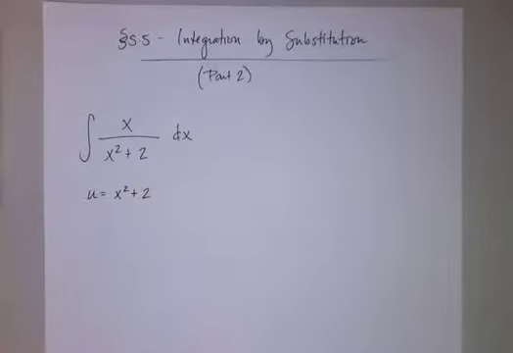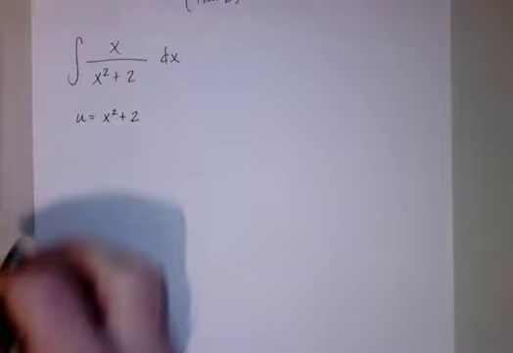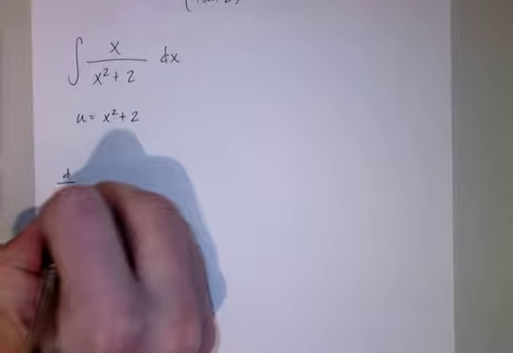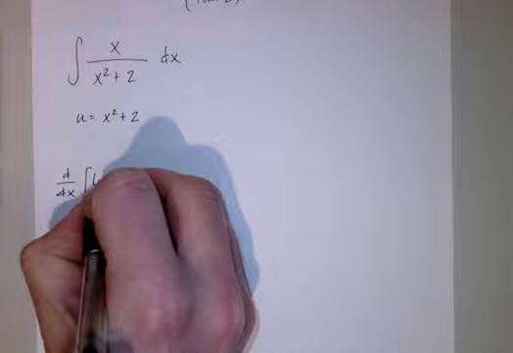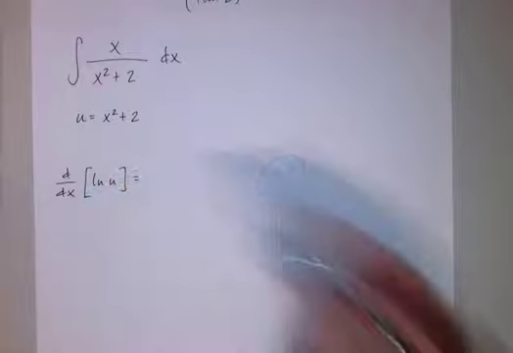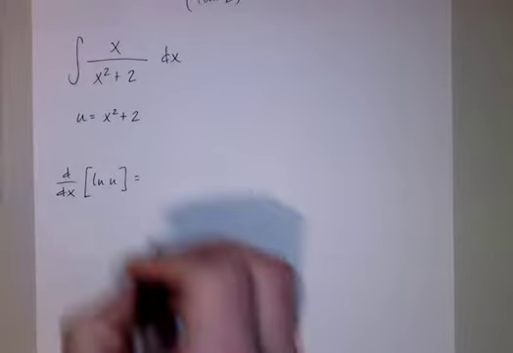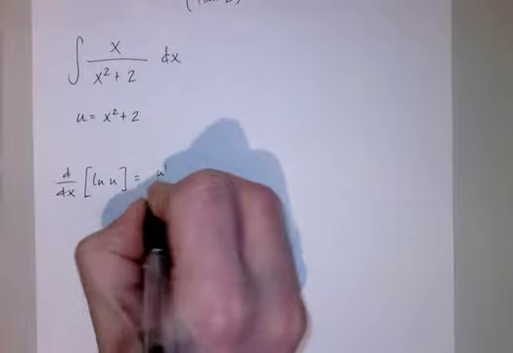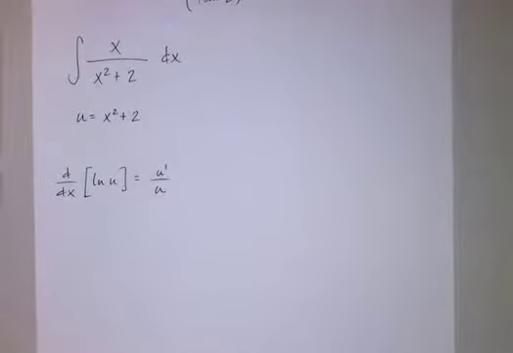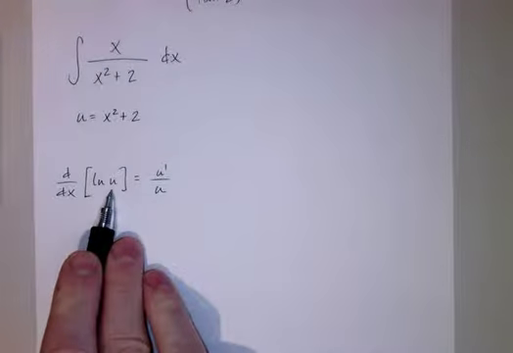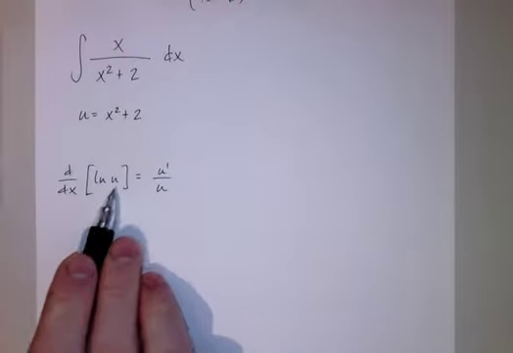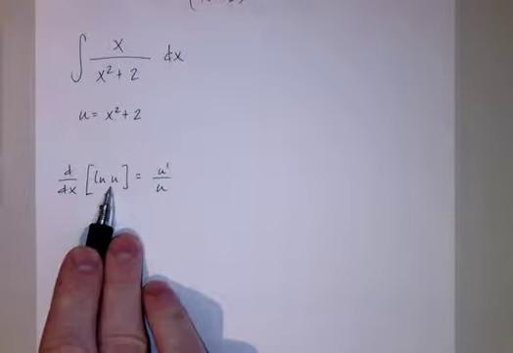Because remember that when I'm dealing with undoing derivatives, if I have the derivative of natural log u, which would be our chain rule version of that differentiation rule, it would be u prime over u, right? The inside, or what we usually term in terms of a composite function, my g of x, is my argument of the logarithm.